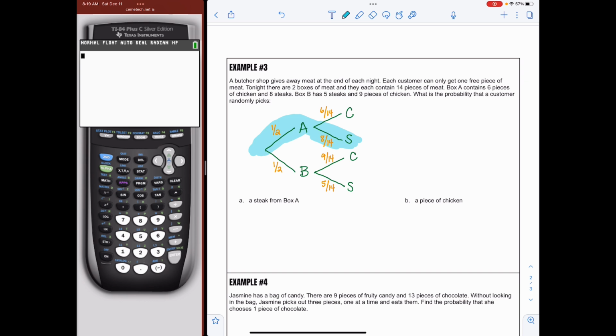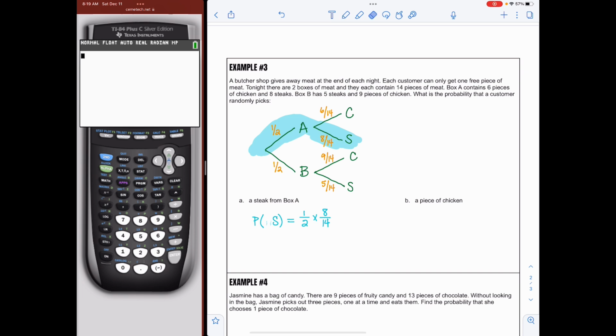All right, so the probability of me getting a steak from box A is going to be equal to, and I'm going to just say the probability of AS, that means box A steak, is going to be 1/2 times 8/14, excuse me.